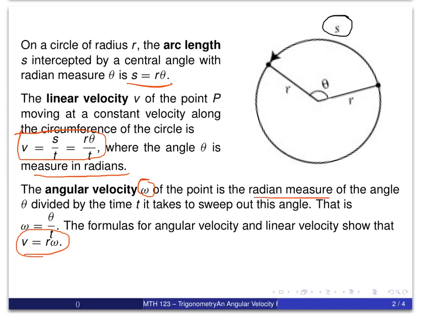So you'll always see the radian measure indicated in here. Oftentimes the angular velocity can be given in other units rather than radians per second or radians per minute, and sometimes revolutions per minute. So in order to use this formula, we first have to determine the angular velocity in radians per time unit.